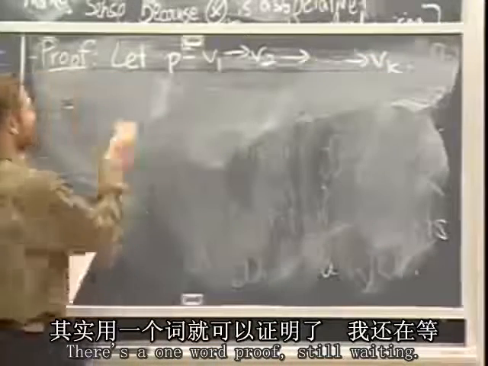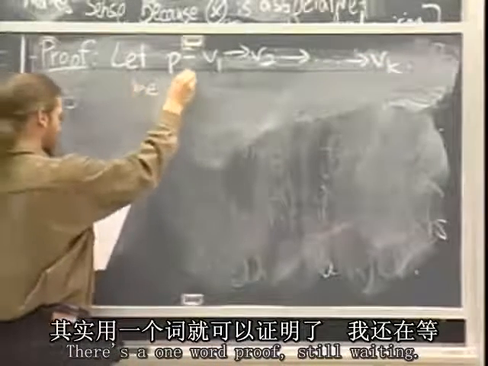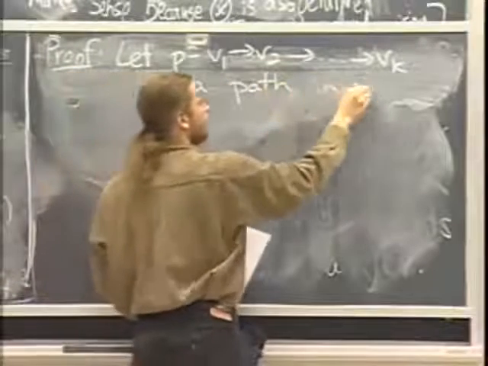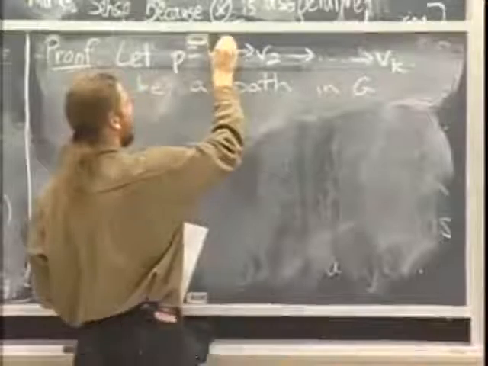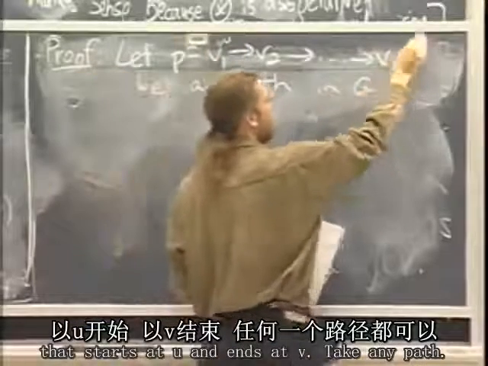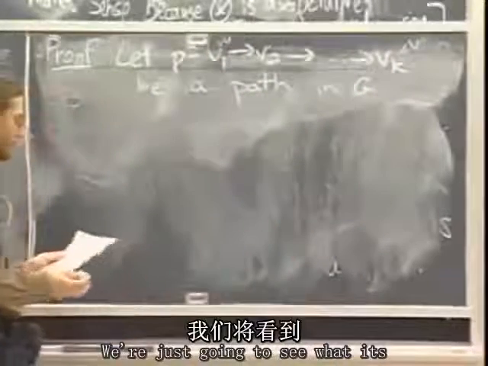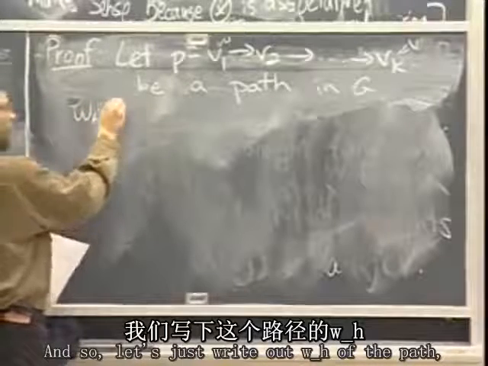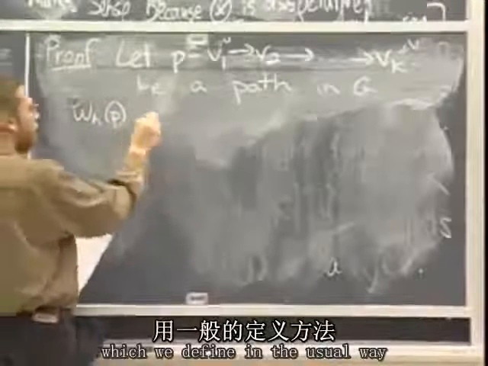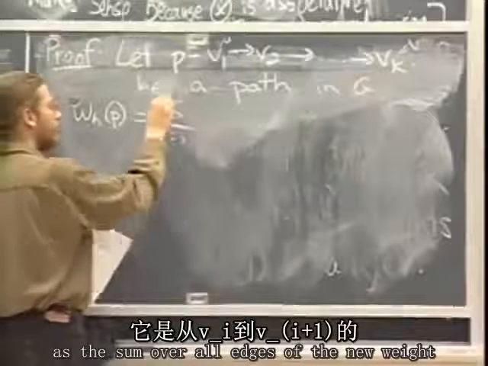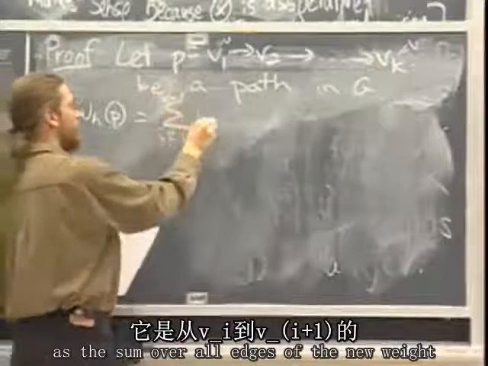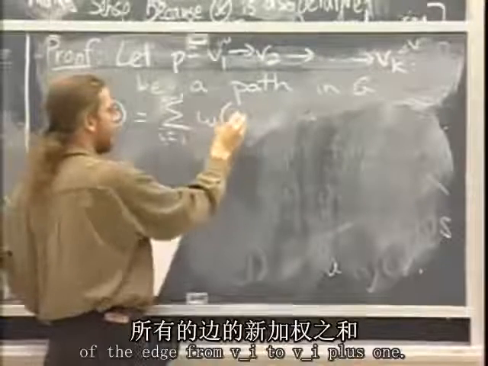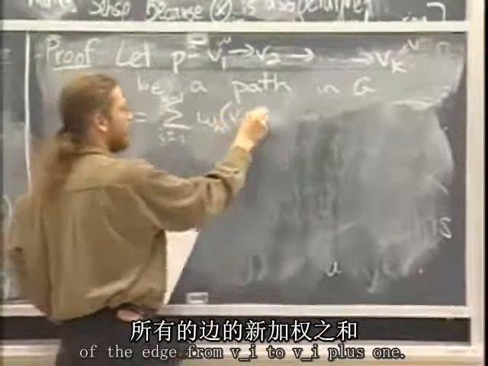Still waiting. So let's just take one of these paths that starts at u and ends at v. Take any path. We're just going to see what its new weight is relative to its old weight. So let's write out w sub h of the path, which we define in the usual way as the sum over all edges of the new weight of the edge from v_i to v_{i+1}.